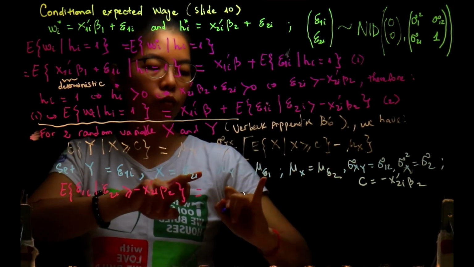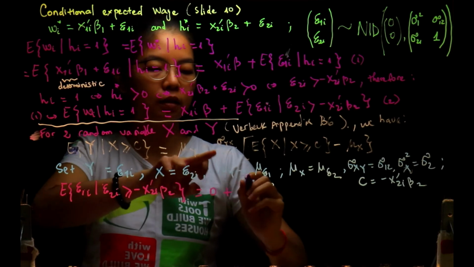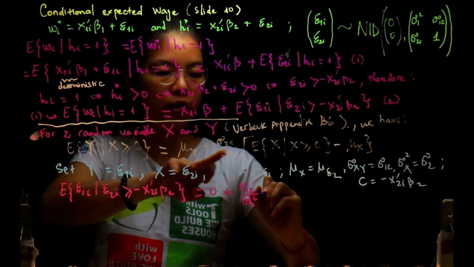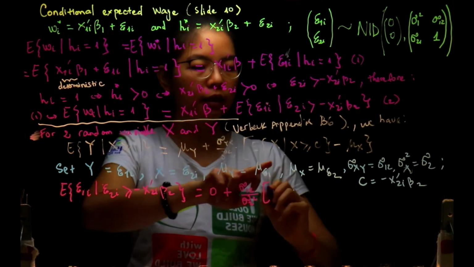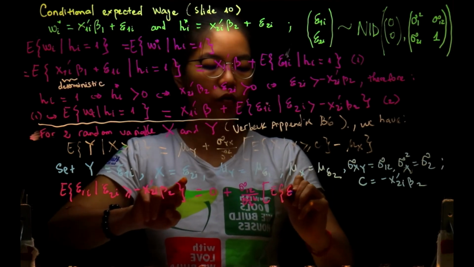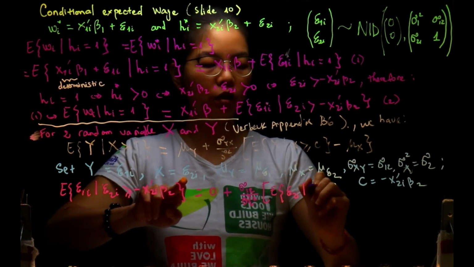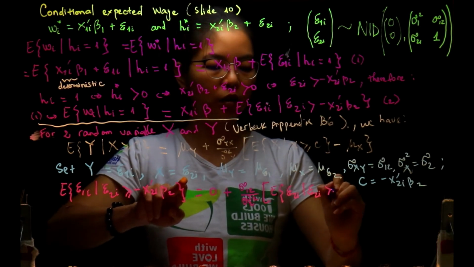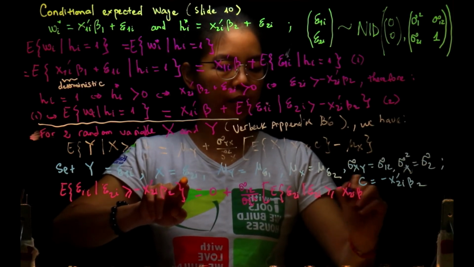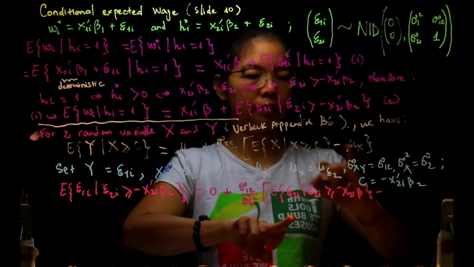Because it's the mean of epsilon 1i, 0, right? Plus sigma 1,2 divided by sigma 2 square, times, inside, the expectation of epsilon 2i conditional on itself larger or equal to minus x2i prime beta 2, minus mu x.